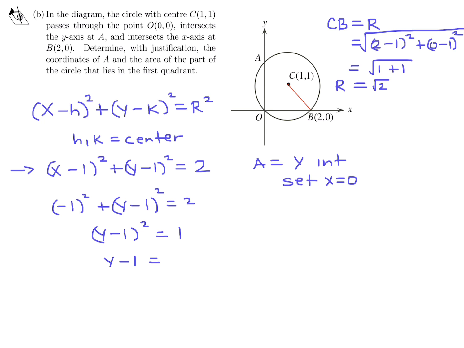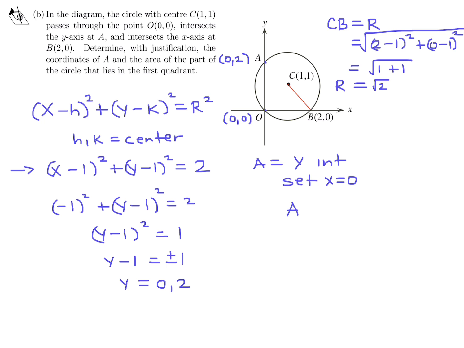And that means y minus 1 is equal to plus or minus 1, and therefore y is going to be equal to either 0 or 2. All right, so this is obviously 0, and this is obviously 2. So A is (0, 2), and well, the origin, you know that already, it's (0, 0). So there you go. We just got our value for A.